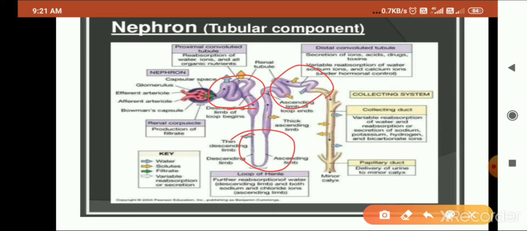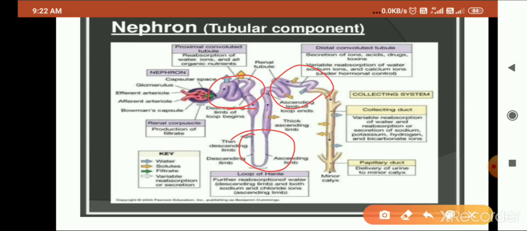Then, as the blood is filtered from the glomerulus, the renal tubule carries the urine, and the useful substances are reabsorbed and the toxic substances are secreted from the blood vessels that wrap around the loop of Henle.